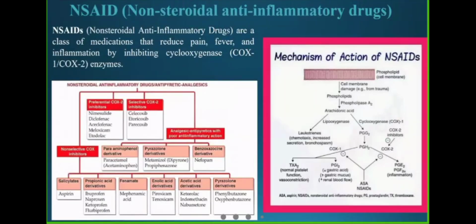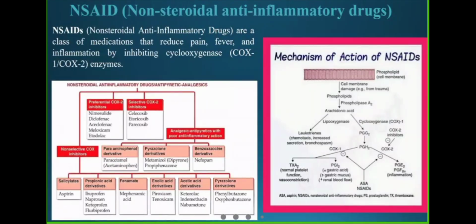Now, coming towards the non-steroidal anti-inflammatory drugs. What these drugs do is this: when there is damage to the cell membrane in our body, the phospholipids of the cell membrane convert into arachidonic acid in the presence of phospholipase A2.